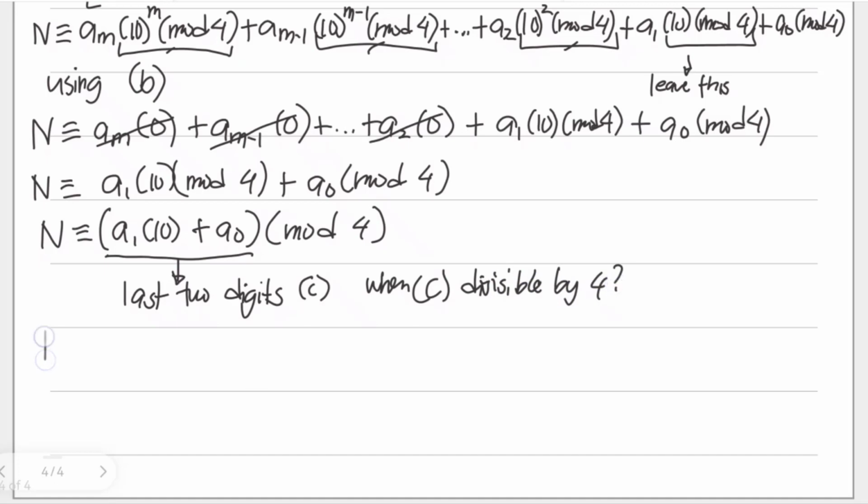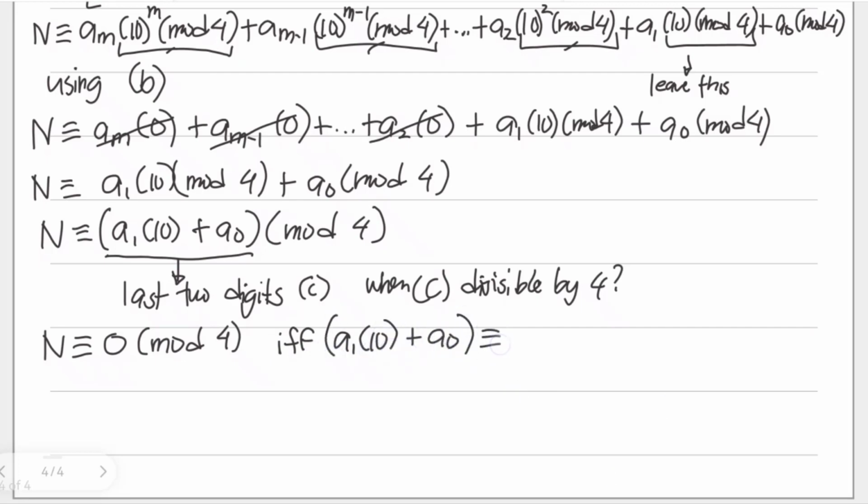If we have this established here, modulo 4, if and only if that last 2 digit, a sub 1 times 10 plus a sub 0, is congruent to 0 modulo 4. Because if this is congruent to 0 modulo 4, you can substitute 0 here. So n is congruent to 0 modulo 4.